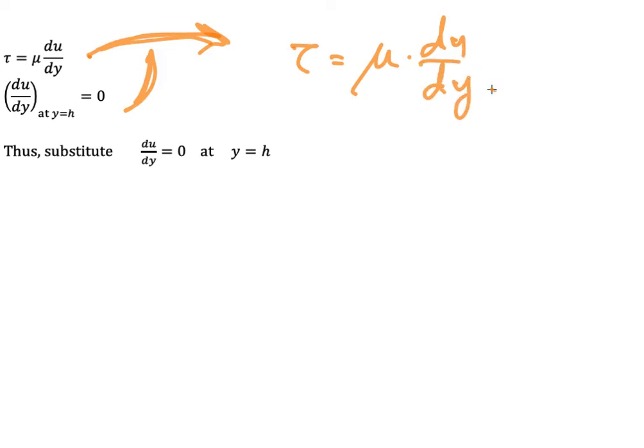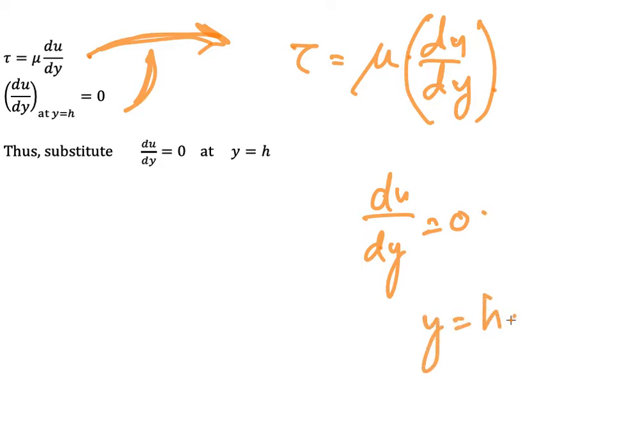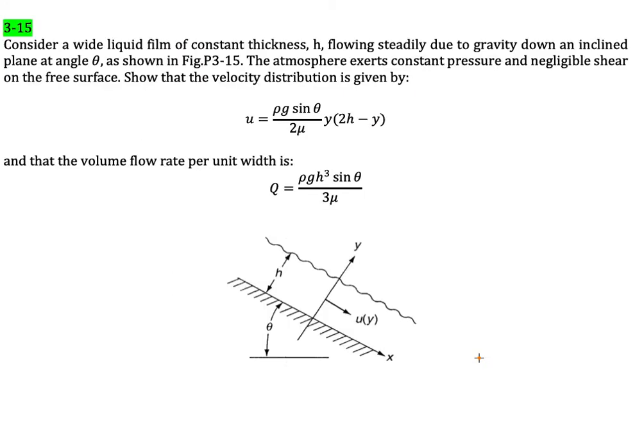And then in this situation, we use du dy is equal to 0 at y is equal to h. So why do we take y is equal to h? Because here at y equal to h, there are no more changes of velocity u according to y.